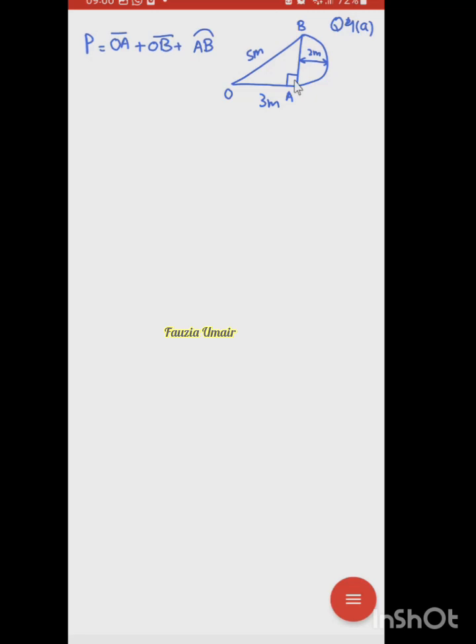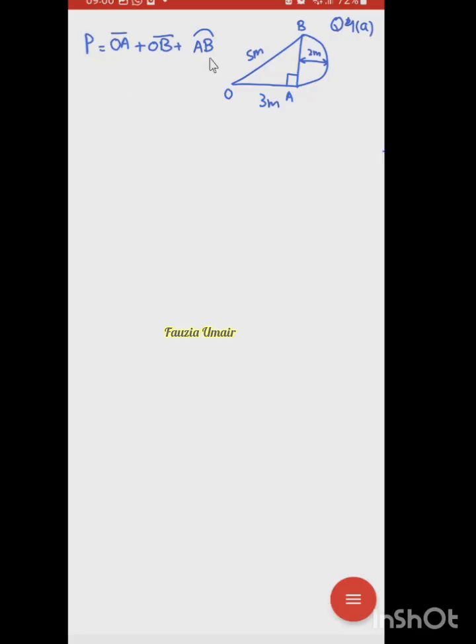There is a line AB and a curve AB, and you need to know the difference between the two. If I want to write line AB, I will put a straight line on top. If I want to write curve AB, I will put a curve on top, right?